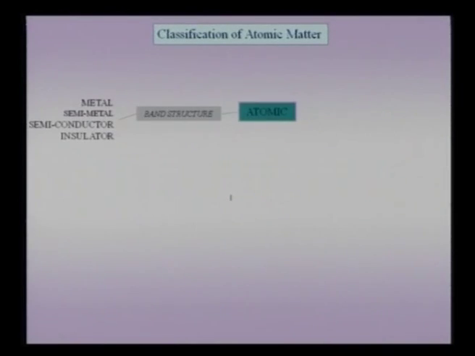So when you are talking about classification of the atomic state of matter, we can use either the band structure classification, wherein we know a material can be classified as a metal, a semi-metal, a semiconductor or an insulator. This is purely from the band structure point of view, and in this course of course we do not go into details of this aspect.